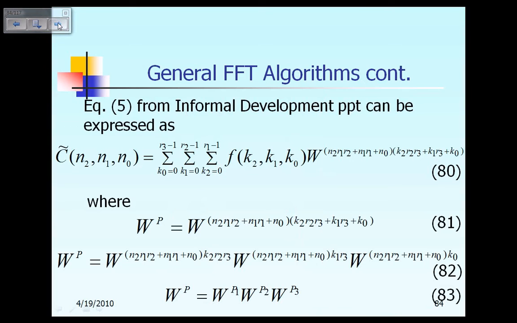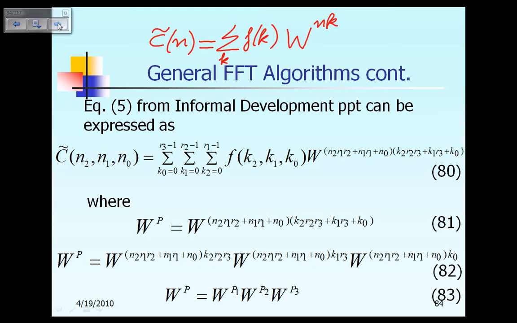Now, based on that, the story becomes very similar to what we have been saying many times. Remember, we have the unknown vector C tilde n equal to summation on the index k of f of k multiplied with w raised to the power nk.